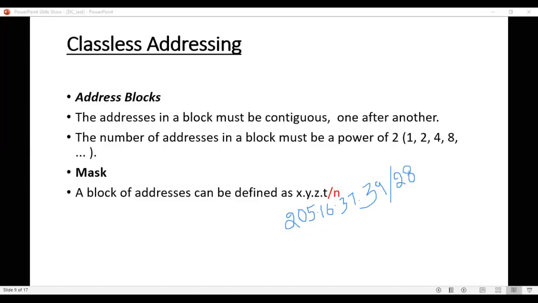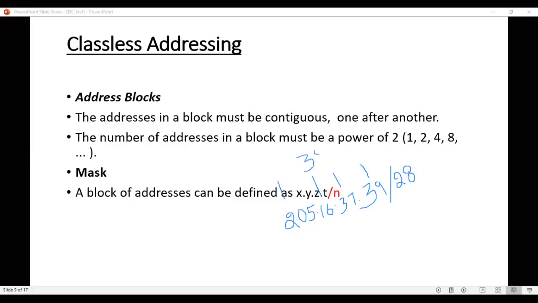When you get an address like this in classless addressing, slash 28 means the following. When you convert the decimal part into binary notation, you will have 4 bytes: one byte represents each part. That means a total of 32 bits will be there.